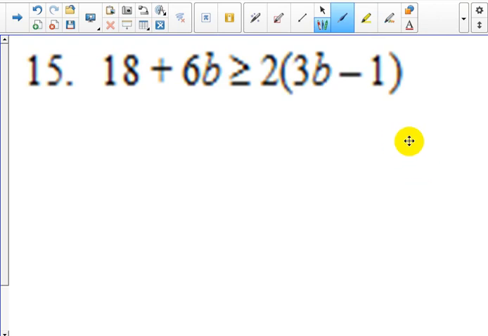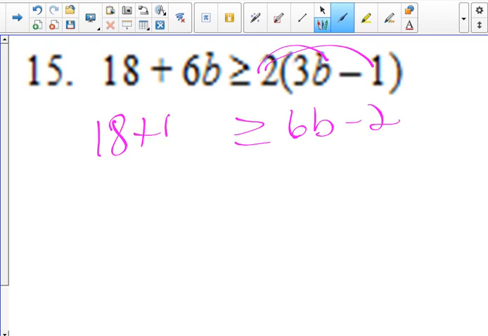So our next inequality, we've got some work to do. We want to distribute this 2 to both terms first. So we're going to have greater than or equal to, that's going to be a 6b minus 2. And carry this down over here, 18 plus 6b, just carrying it down.